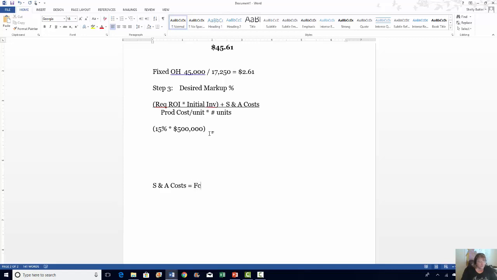And that's our fixed costs plus our variable costs per unit multiplied by the number of units. So these are actually called the period cost.